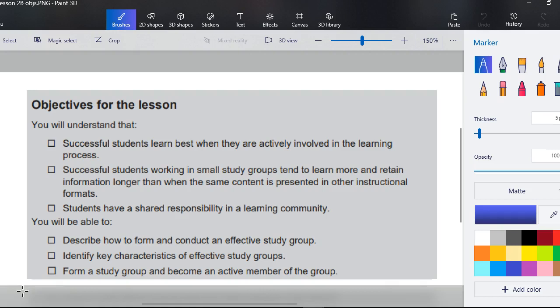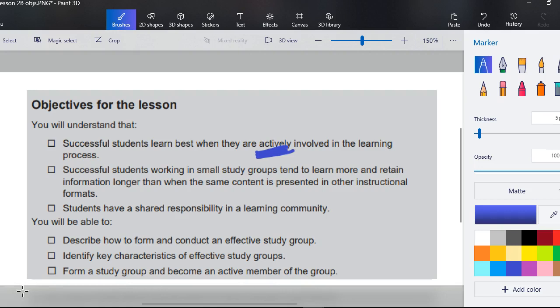Successful students learn best when they are actively involved in learning. And a study group can provide a part of that active learning. Again, this course can provide active learning if you are pausing and starting, allowing yourself to think through the questions and being involved, and not just passively going through some of the questions. Be active.